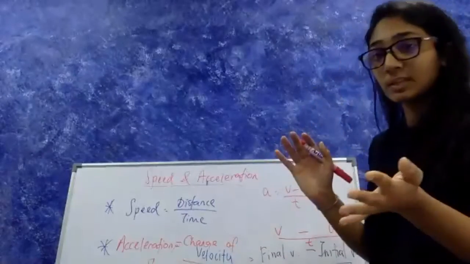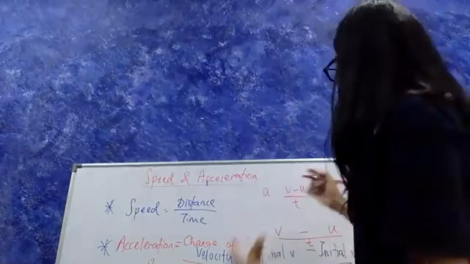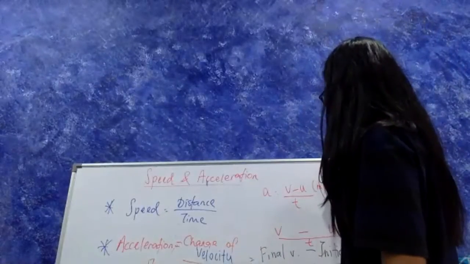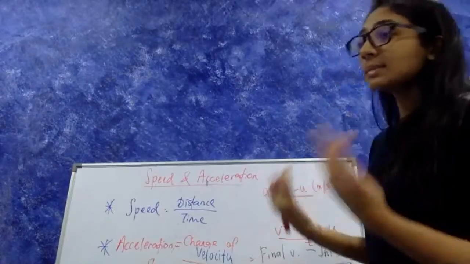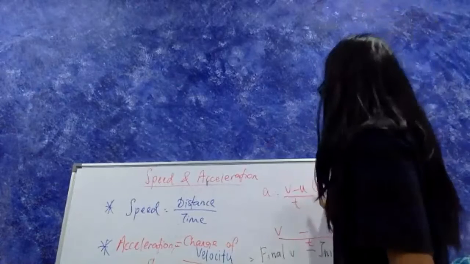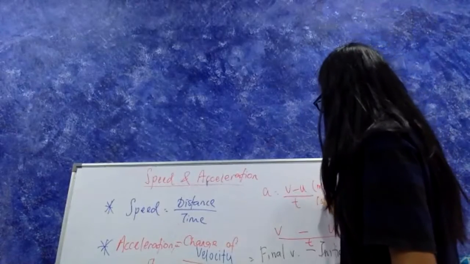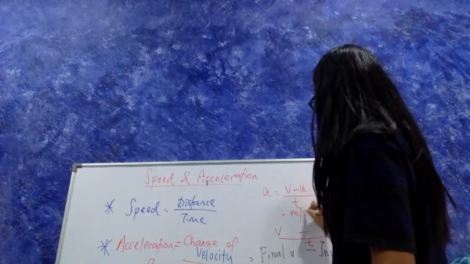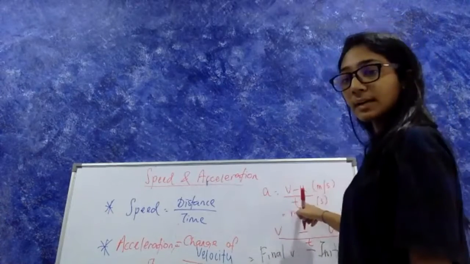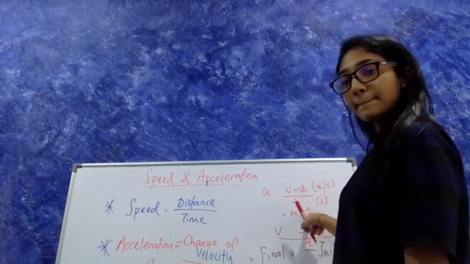Velocity is similar to speed, it's just that it has a direction. So speed will usually be in meter per second or kilometer per second or centimeter per second, usually meter or kilometer. And then time, let's say if it's in second, so acceleration will be meter per second square.